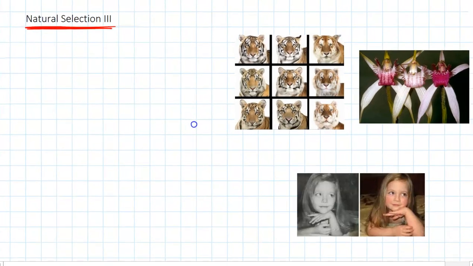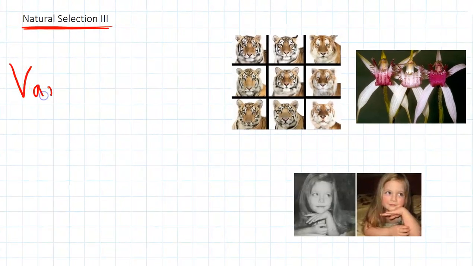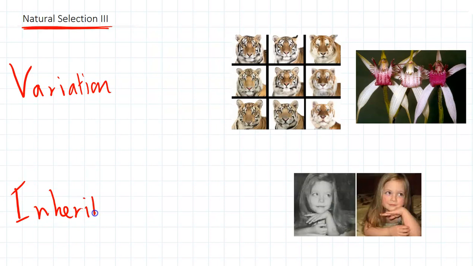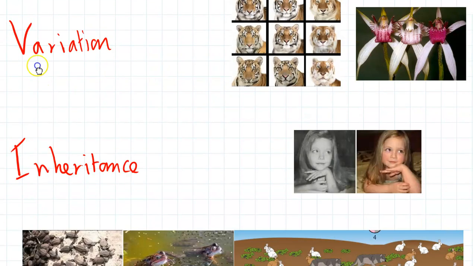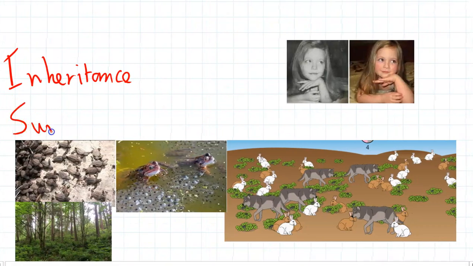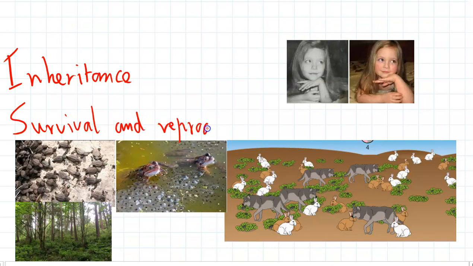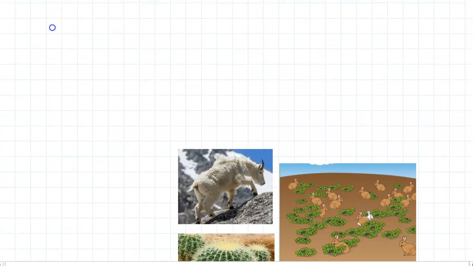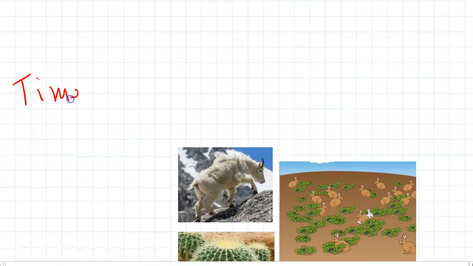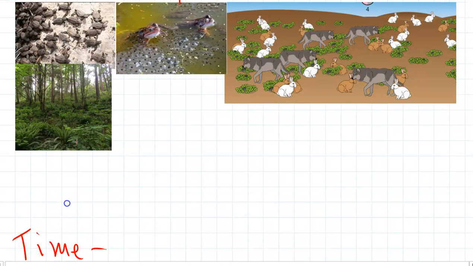So firstly, I introduced it using our acronym of VISTA, where V is variation, I is inheritance, S is survival and reproduction, T is time, and A is adaptation. So we'll add some more detail to what we know about these processes.